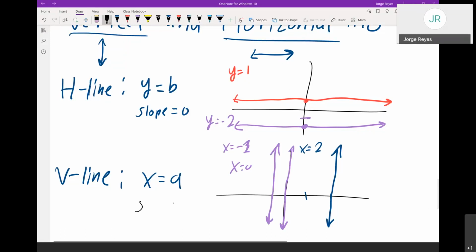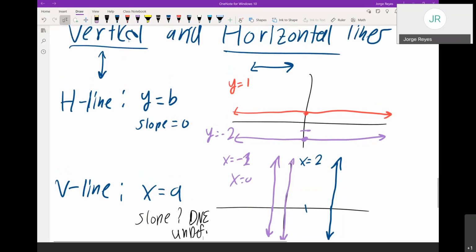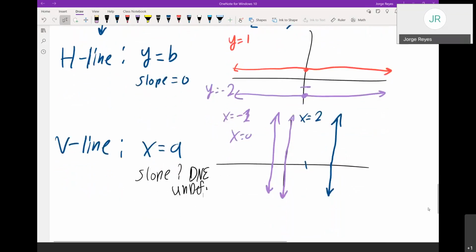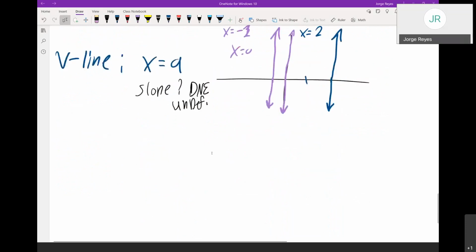So in fact, the slope of vertical lines does not exist, or it's undefined. We don't talk about slope when it comes to vertical lines. Another thing is that vertical lines and horizontal lines are perpendicular. So I just introduced a new word.